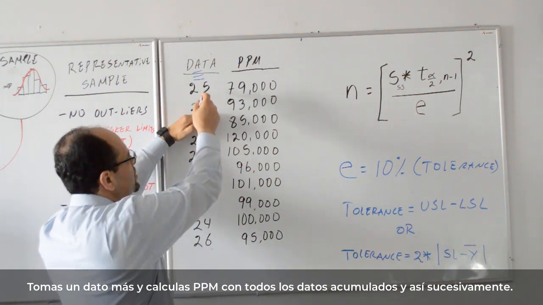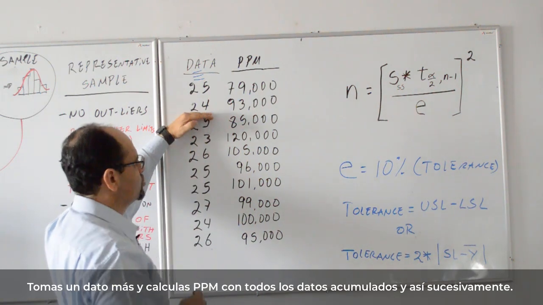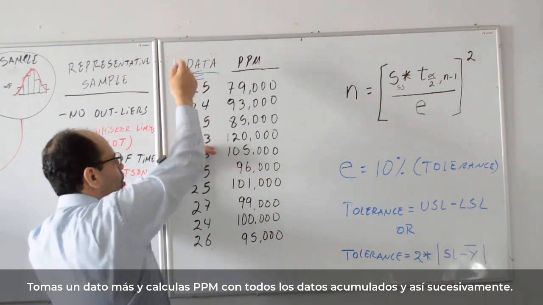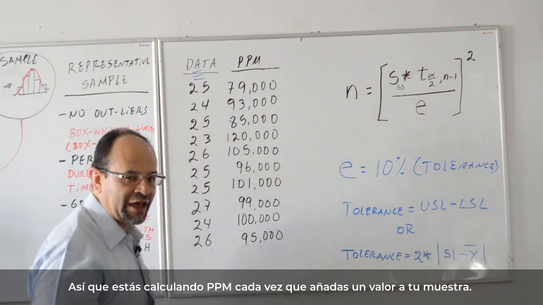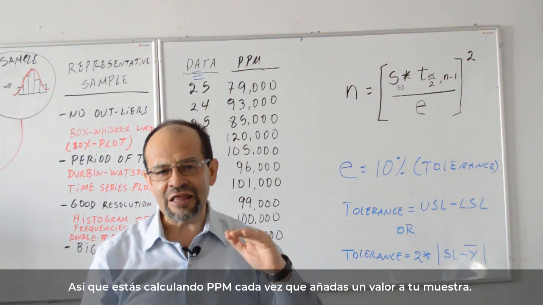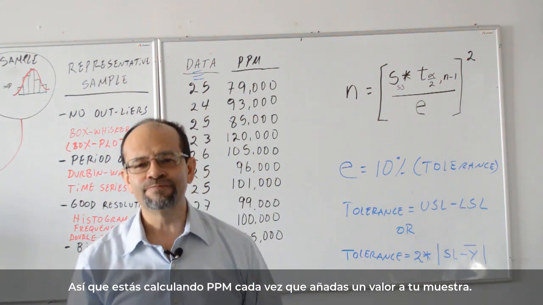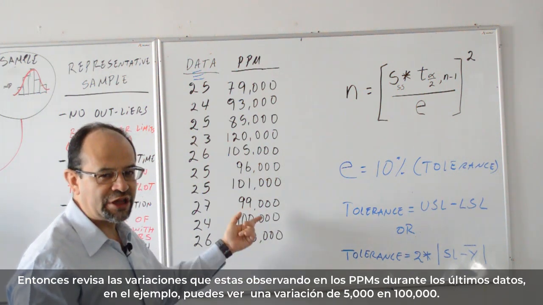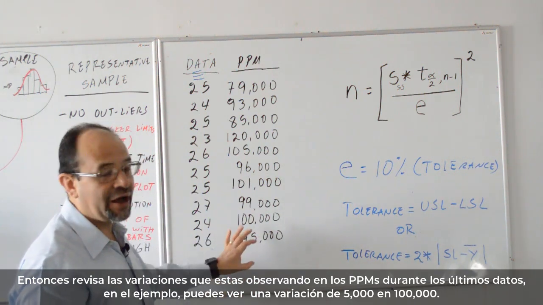Then the ppms with the first values, the ppms with all these values, the ppms with all those values, and so on. So at the end, you will be calculating ppms every time that you are adding one value to your sample.